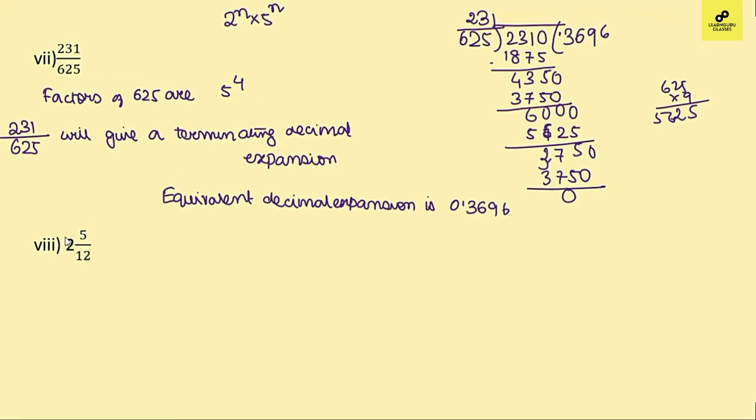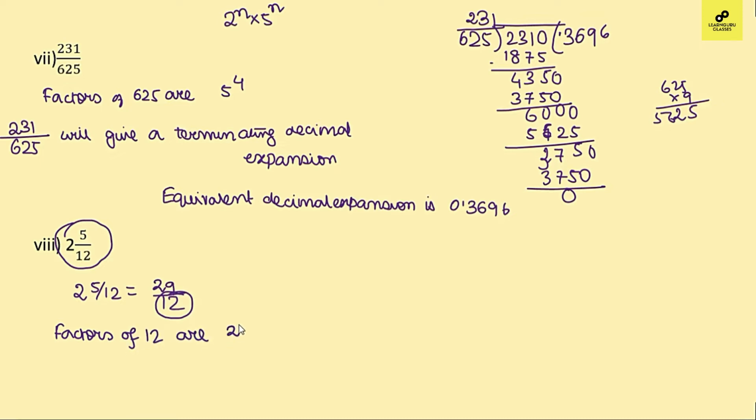So it is coming in the form of a mixed fraction. So let us convert it into the equivalent improper fraction so that it comes in the form of p by q. So the equivalent improper fraction is 29 by 12. Okay. So now the denominator is 12 here. So factors of 12 are 2 square into 3.